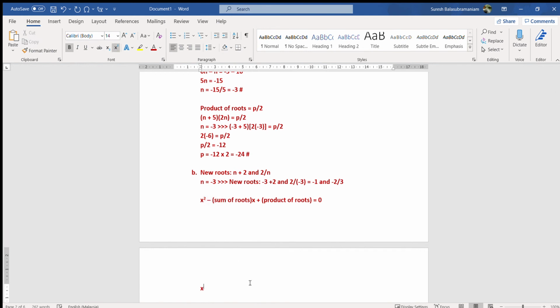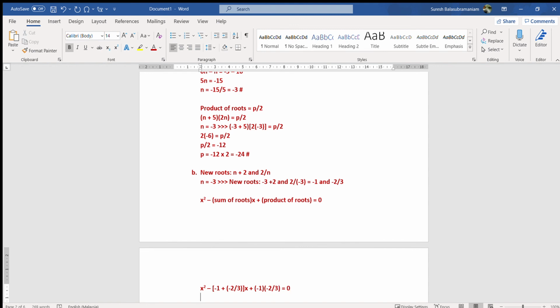So x square minus sum of roots, just plus the roots, negative 1 plus negative 2 over 3, x plus product of roots, negative 1 multiply negative 2 over 3 equals 0.